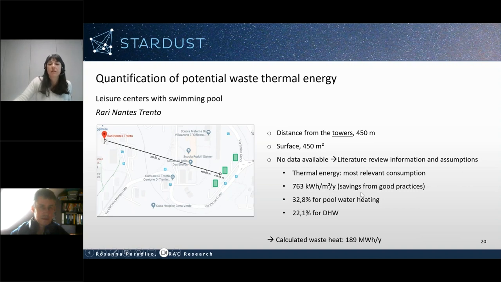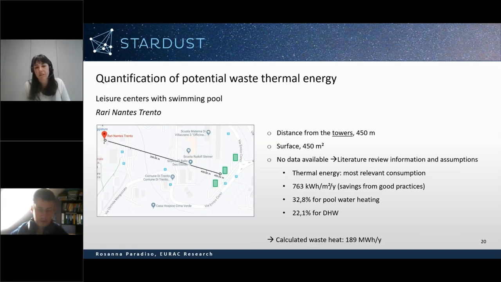So we consider the good practice a leisure center can apply is for sure the recovery of waste heat from the water of the swimming pool to preheat the swimming pool.